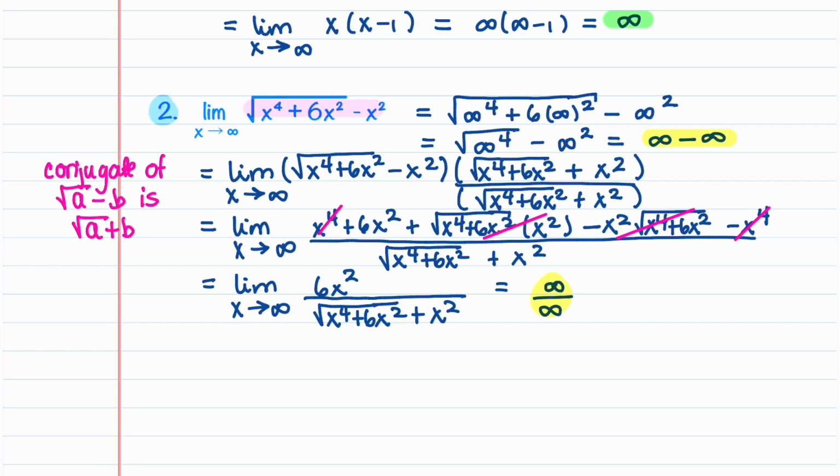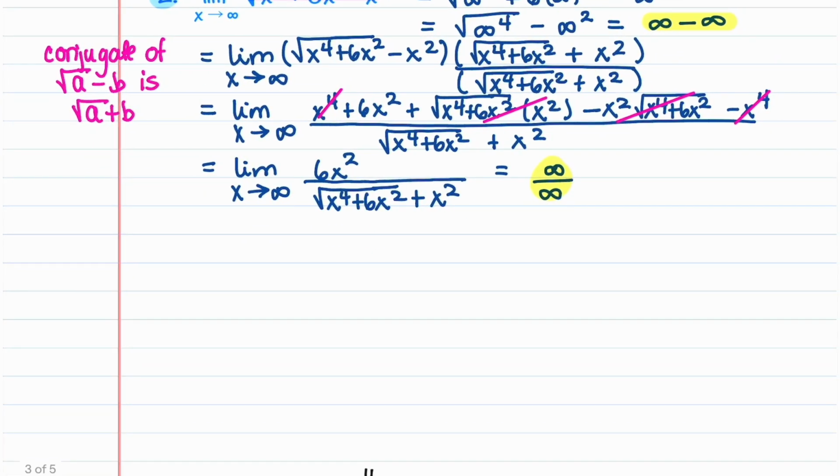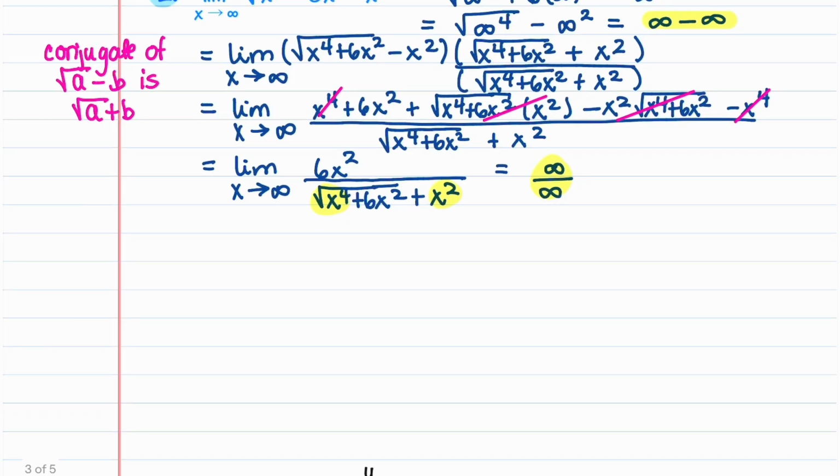We just talked about this form, so we know exactly what to do. We are going to have to divide by the highest power of x in the denominator. That's going to be x squared, which is the same thing as the square root of x to the fourth. So we're going to divide the top and the bottom by x squared.